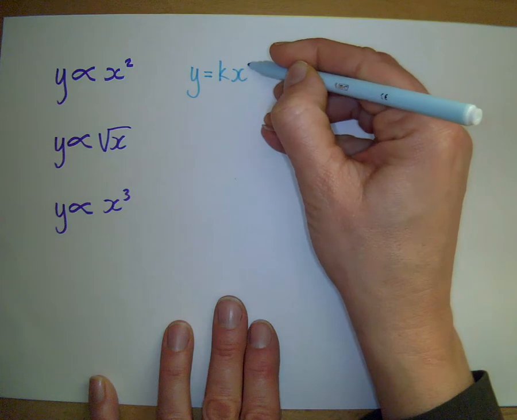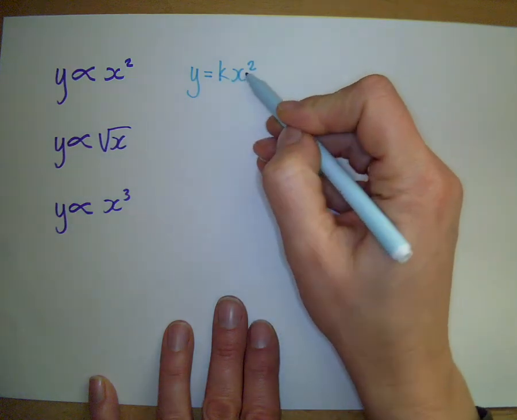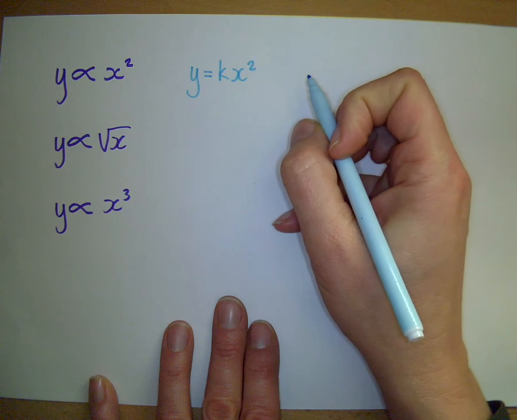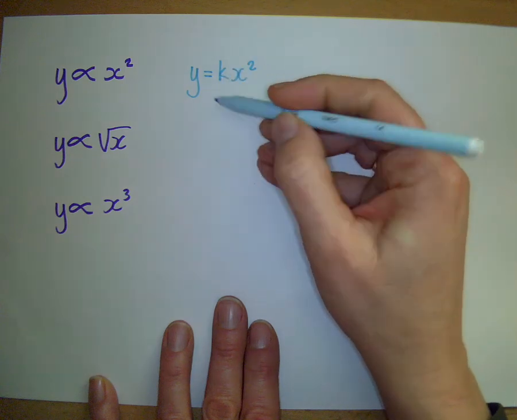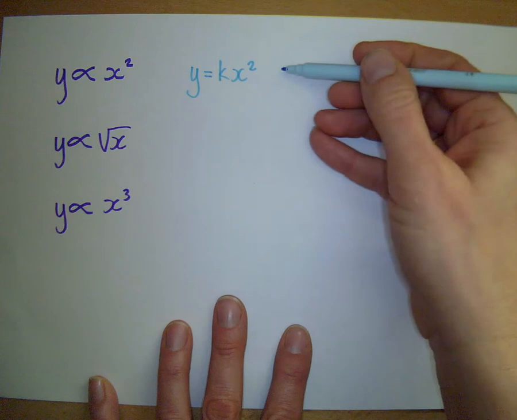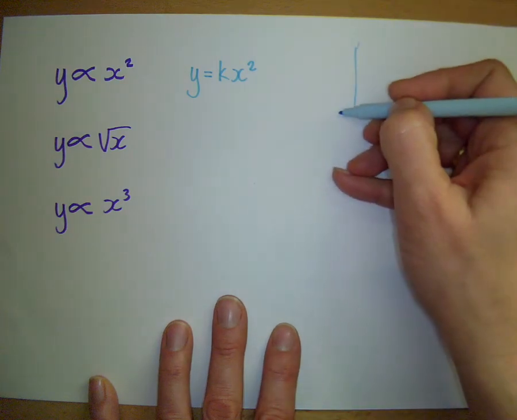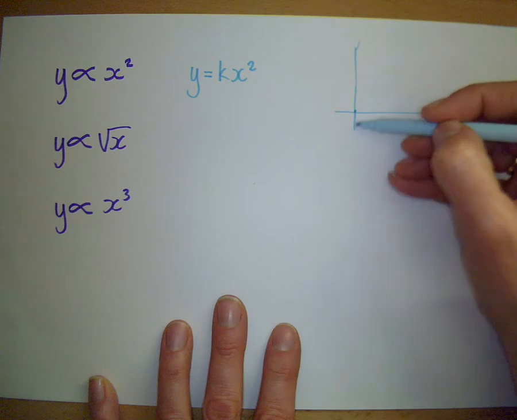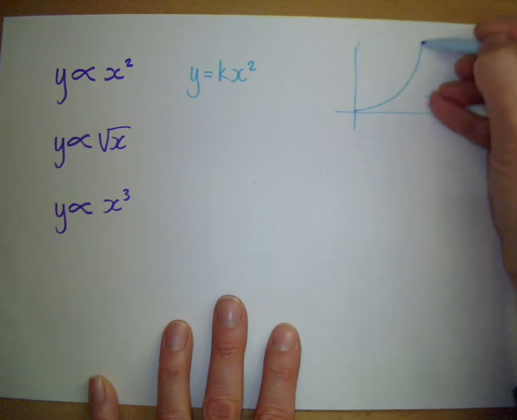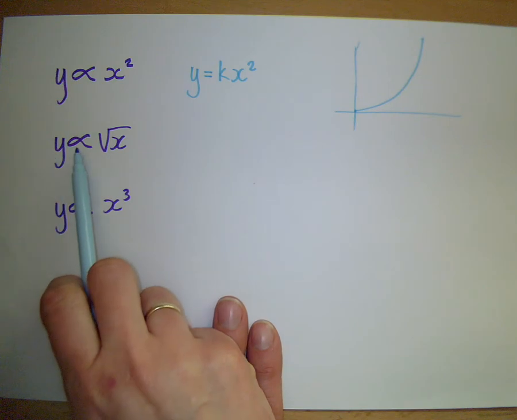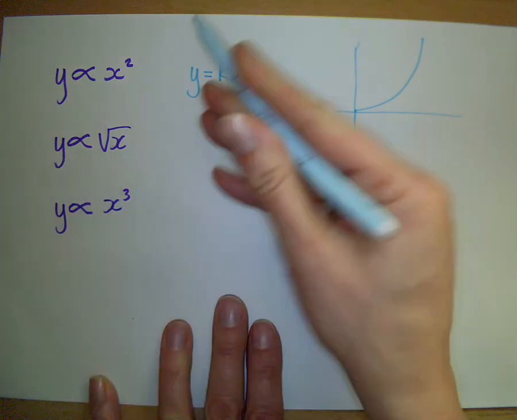So y would equal x squared multiplied by a constant. Once again, k, the constant of proportionality, right? If we were to plot a graph like that, a line like that, it would look something like that.